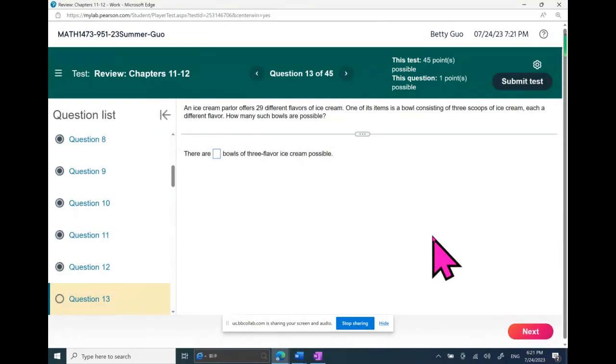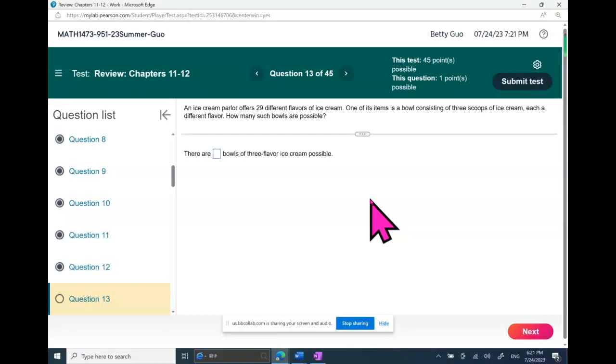Question number 13. An ice cream parlor offers 29 different flavors of ice cream. One of its items is a bowl consisting of 3 scoops of ice cream, each a different flavor. How many such bowls are possible? Different from the previous question, in this question the order of the 3 flavors in a bowl does not matter.